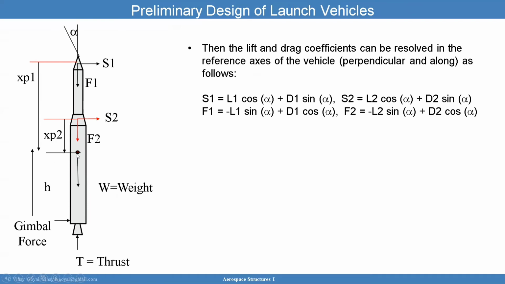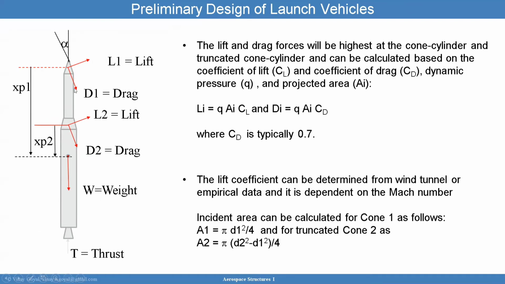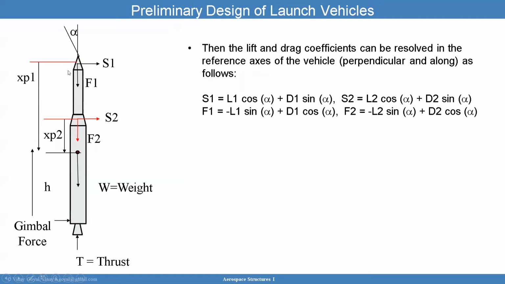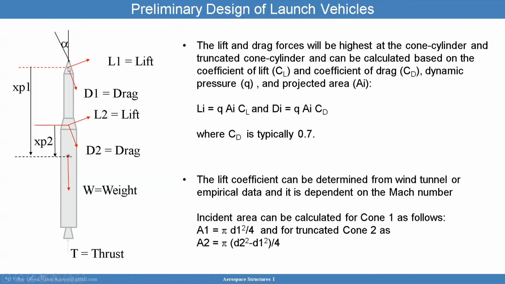Then I can take this lift and drag and decompose it. I can put it into the horizontal and vertical axis. Each of these components can be decomposed, so I've done that here. For example, I've taken S1. The contribution of S1 comes from L1 and D1, so I have to decompose D1 into this direction and the vertical direction, and L1 into the horizontal and vertical direction.